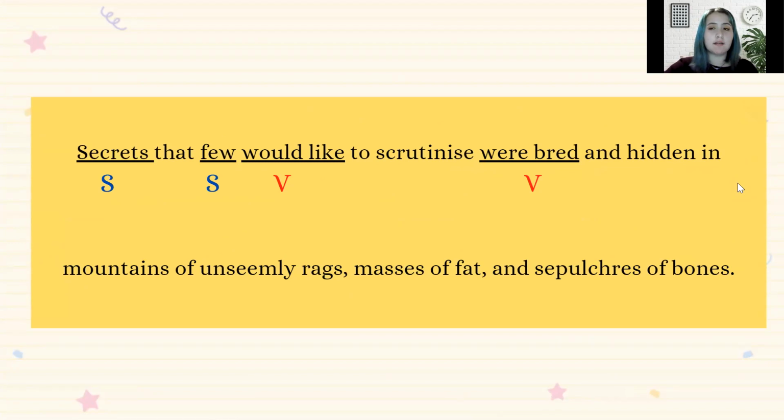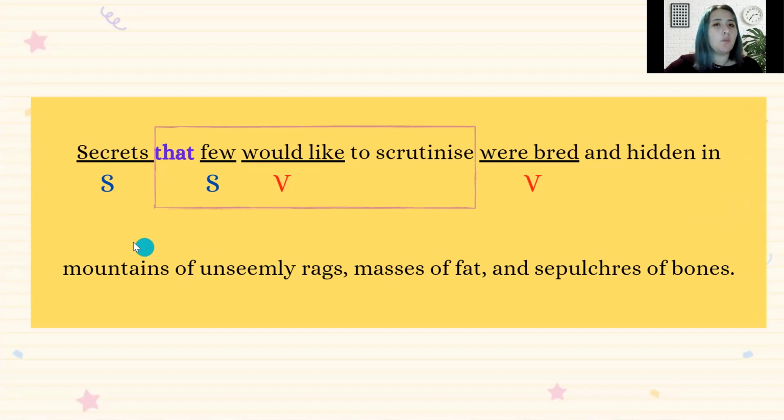The secrets. The next step is to find the linking element, which in this case is the relative pronoun that, which introduces our subordinate clause, and we can ask questions. So, what type of secrets? The secrets that few would like to scrutinize.